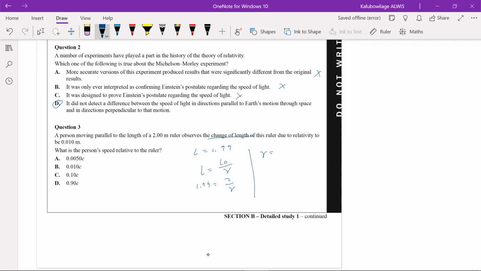So 1.99 to 1.005, 1 minus v squared over c squared, 1 over the value we got before.